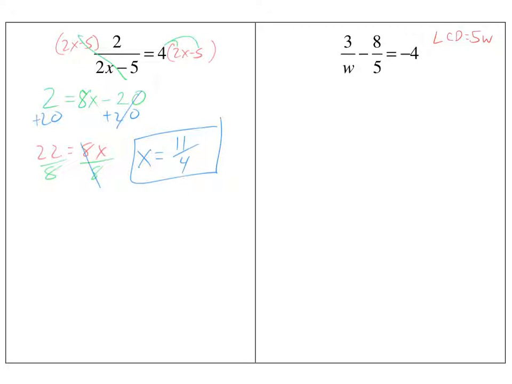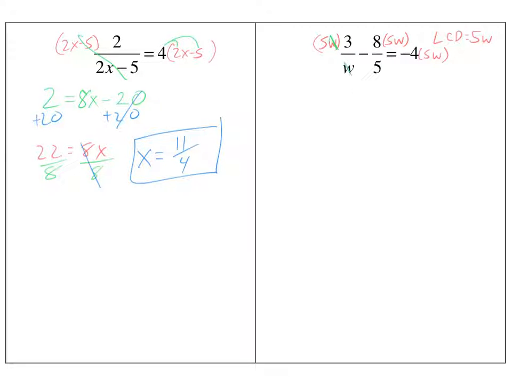I'm going to multiply everything by that instead of doing it one denominator at a time. So I'm going to multiply the top one by 5w, each piece, which is both sides. Once I multiply everything by 5w, watch what happens.